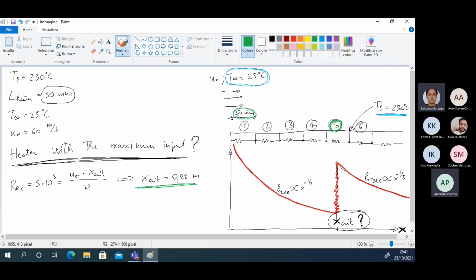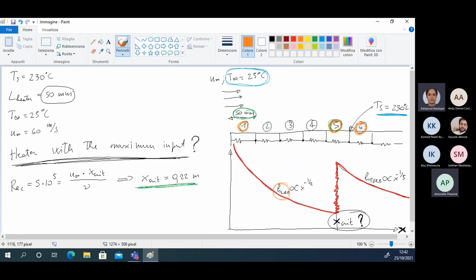As a consequence, when I have to evaluate which is the heater with the maximum input, I can make some assumptions. I can imagine that the heaters that need the bigger transfer rate can be heater number 1, which is in the first part in laminar flow with a high value of h, or heater number 5, which has half with a lower value of h laminar but half with a high value of h turbulent, or also heater number 6.